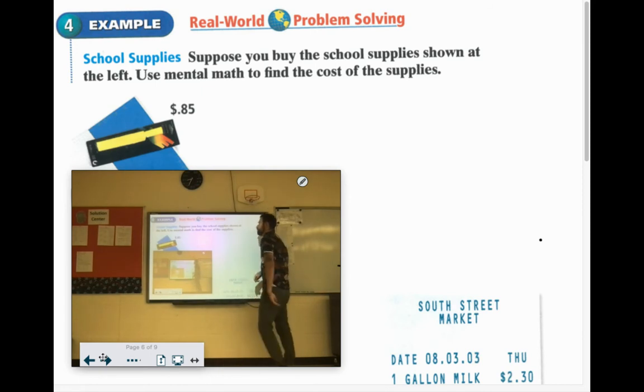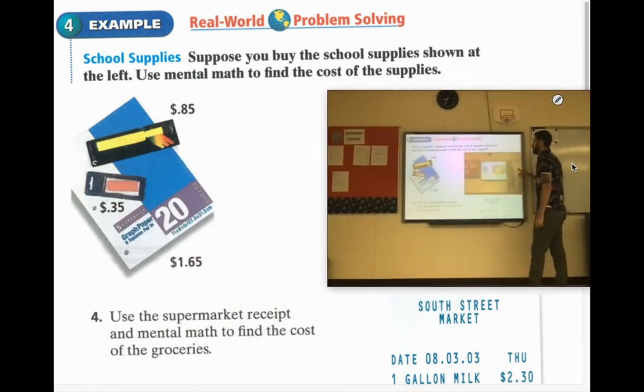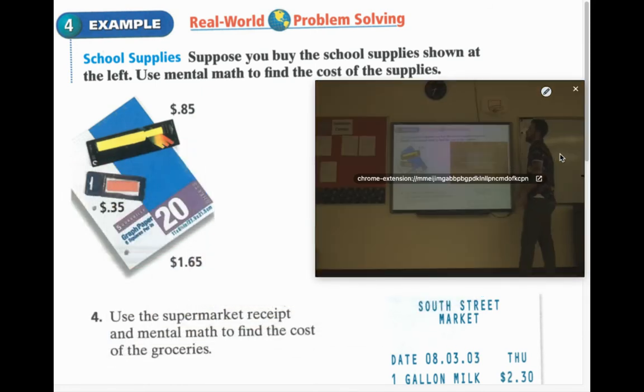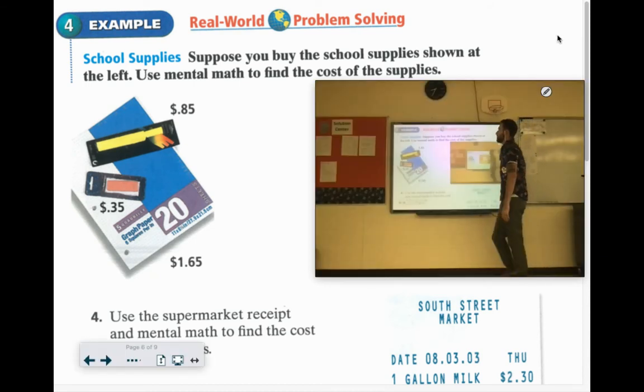Let's talk school supplies. Suppose you buy the school supplies shown at the left. Use mental math to find the cost of the supplies. Again, you could stack them, you can add down like you did way back in the day and be fine.